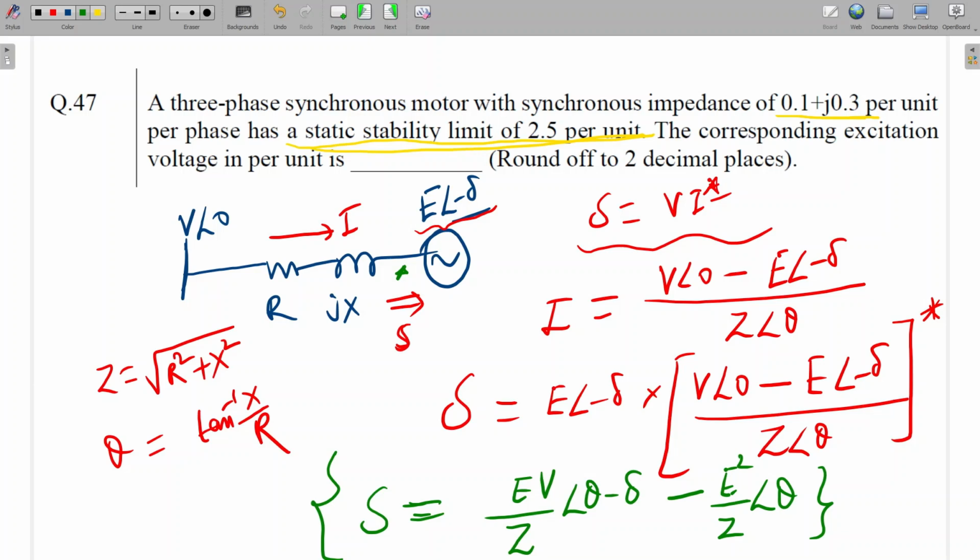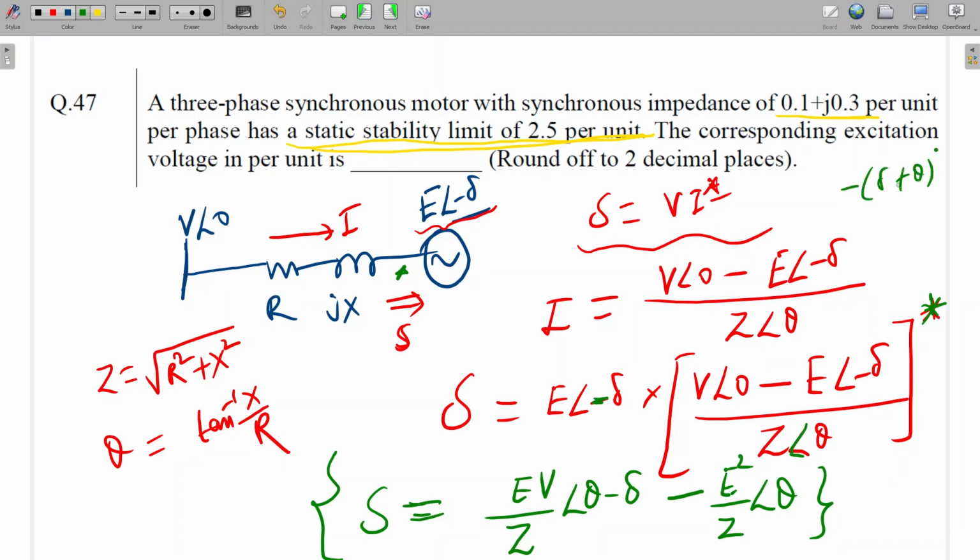Sir, when we multiply this E angle minus delta with minus delta, then the angle vanishes. See what will happen. Before taking the conjugate, the angle of this portion will be minus delta plus theta.